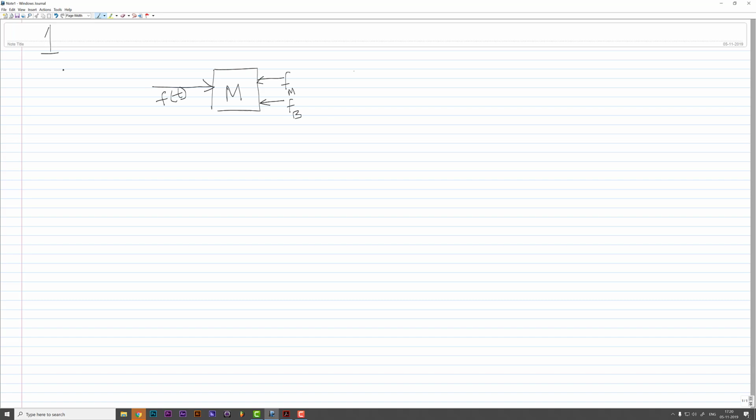So I can write the equation as f of t is equal to Fm, I mean the reaction force due to the mass, plus the reaction force due to this B. Only thing here is, if you look at the problem, two different variables are given. Simultaneously you can have a look at the assignment sheet. Find the displacement x of t as well as velocity v of t.